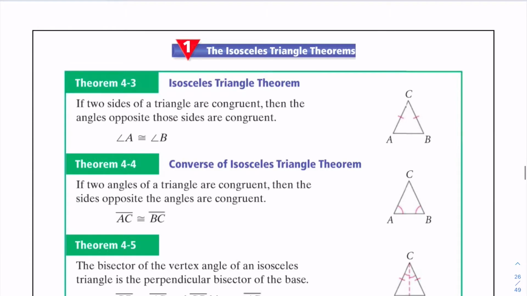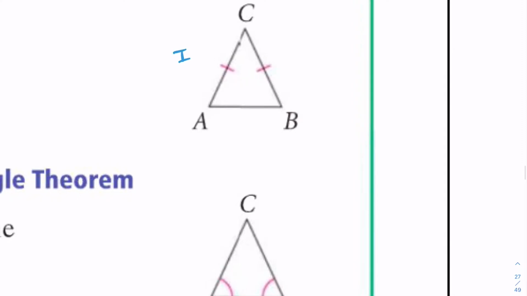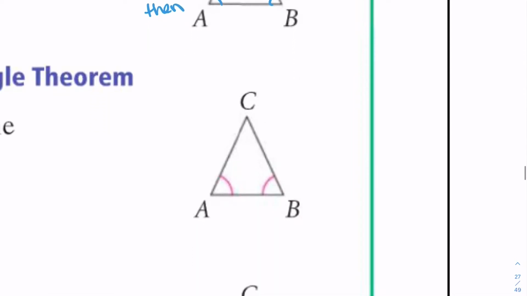Okay, so here are some of the things that we know. If we have two congruent sides, then we have two congruent base angles. If we have two congruent base angles, then we have two congruent sides.